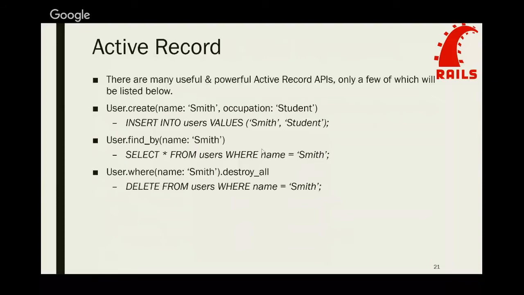And then if you want to delete from users, just write user.where.destroy_all. Okay? So if you know all this API from Ruby on Rails, you do not even need to know how to write SQL queries. You can already operate on your SQL database.